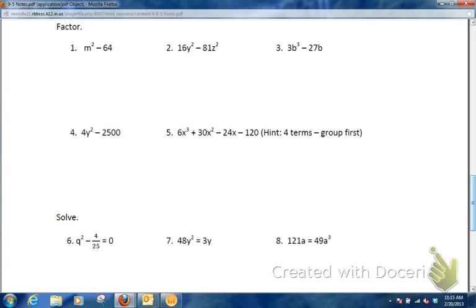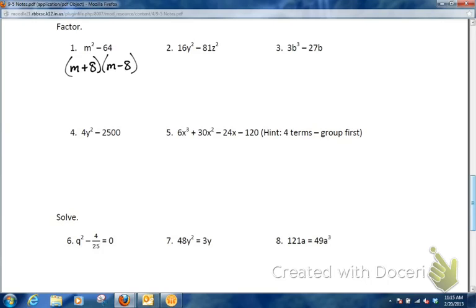Alright, and we're back, and hopefully in number 1 you saw that this was a difference of squares. So you said my answer is going to be m plus 8 and m minus 8, or again vice versa, m minus 8, m plus 8.